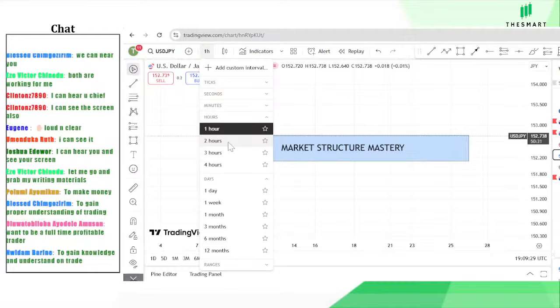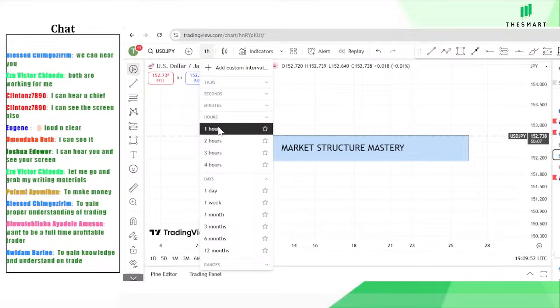For those using web, you will have a template similar to what I have here. But if you're using the TradingView app, your template will be different from what I have here. As we proceed, you will get to see what it looks like.